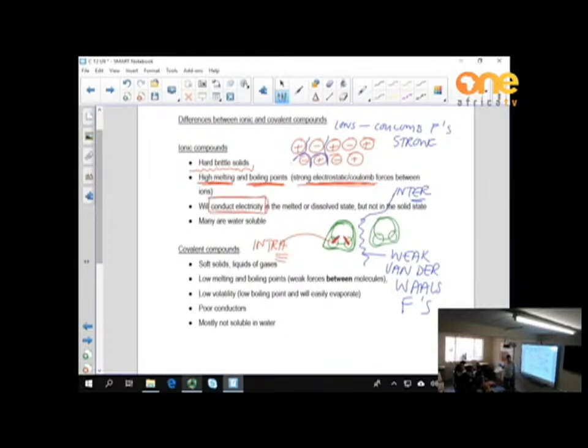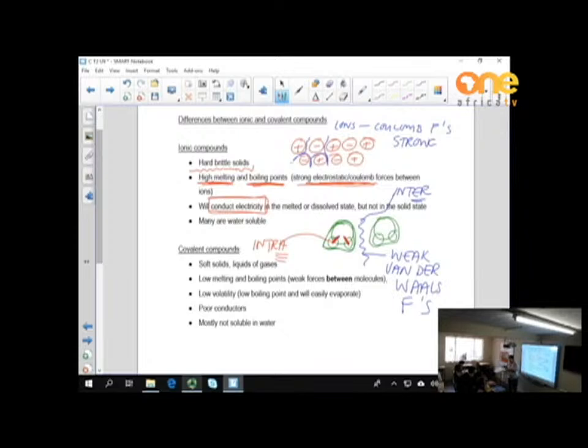In the solid state, the charged particles are held fixed in a crystal lattice. To be able to conduct electricity, the charges must be able to move. So when I melt a salt, or when I dissolve a salt in water or any other liquid that it dissolves in, we will find then it will conduct.